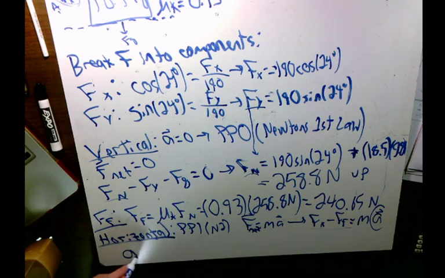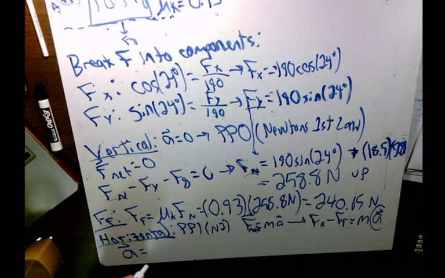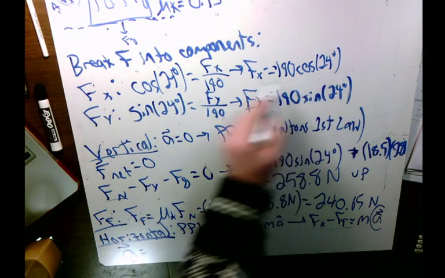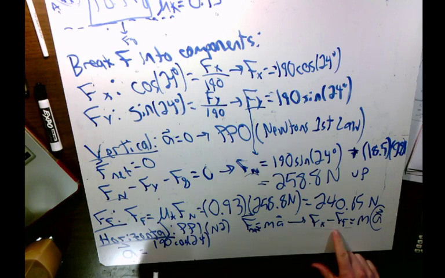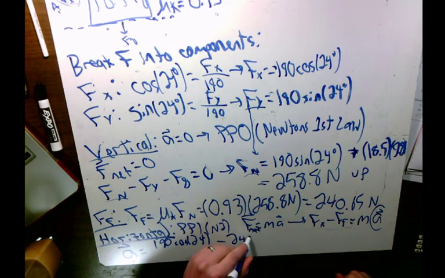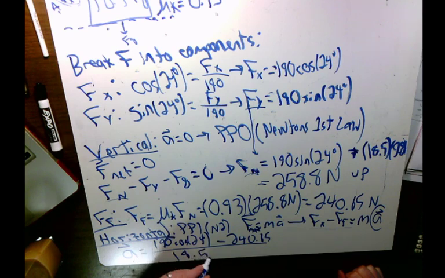Okay, so we're going to solve for acceleration in this equation by dividing both sides by mass. Acceleration is equal to our Fx, which was 190 cos 24, minus the force of friction, which we just determined as 240.65. And we're dividing it by the mass of our object, 18.5 kilograms.